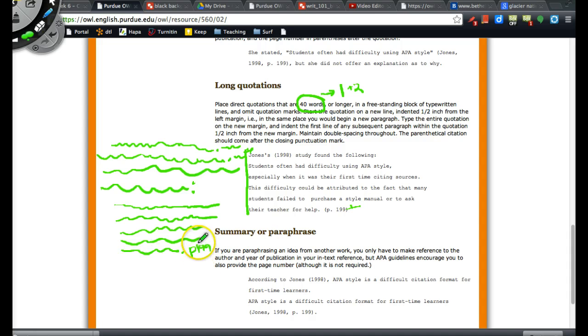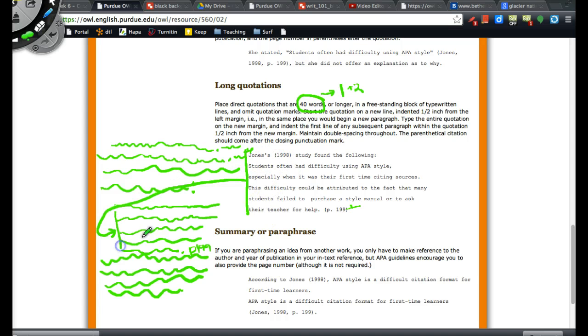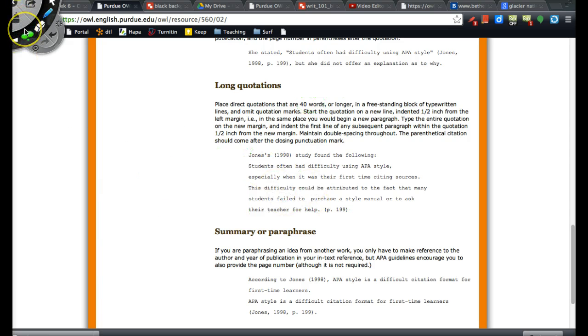Then after that, you would continue on with your paragraph right across here, leading on with your analysis and your concluding sentence. And so as you can see, this entire quote right here gets that indent and moved over. So make sure you think about how to incorporate these long quotes if you want to include them.